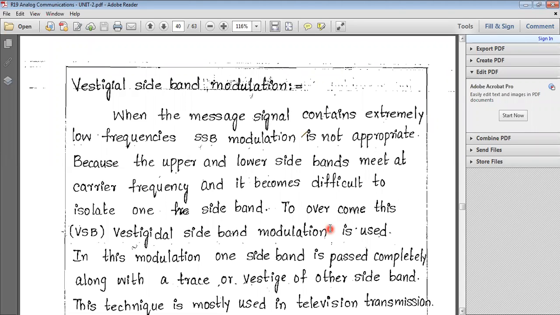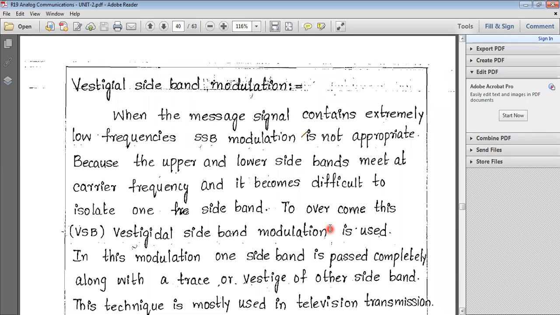After that you observed DSB-SC, that is double sideband with suppressed carrier. After that we observed the technique SSB, that is single sideband with suppressed carrier, also called SSB-SC. The next technique is vestigial sideband.